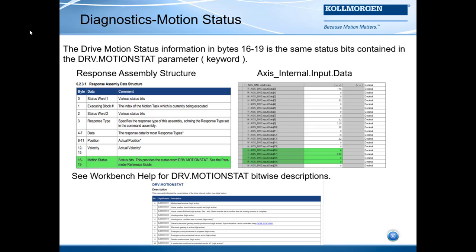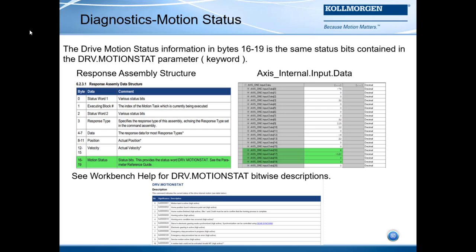The top right screenshot shows the axis_internal.input.data location for the current values of the data as read by the AKD drive add-on instruction with each scan. The bottom screenshot shows a portion of the drv.motionstat bitwise descriptions from the Workbench help.